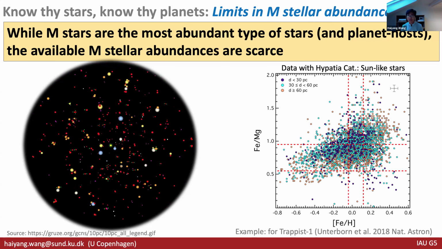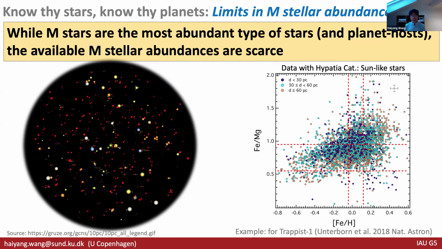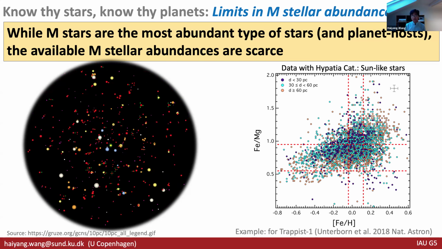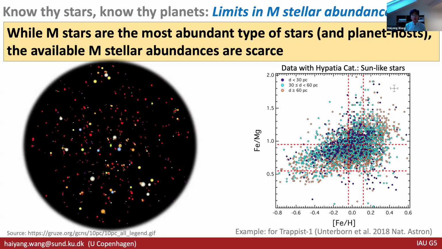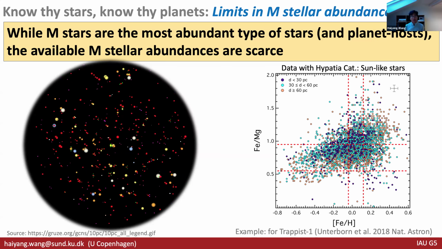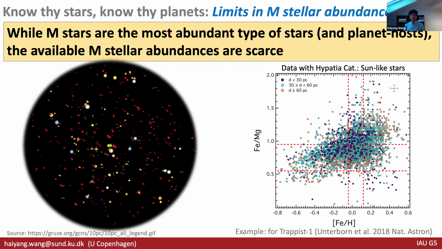Okay, let's continue. The reason we care about M-stars is that they are really abundant in our solar neighborhood, as shown here, and statistically, every single star would potentially host at least one planet. That also means this type of star is the class hosting most of the planets.